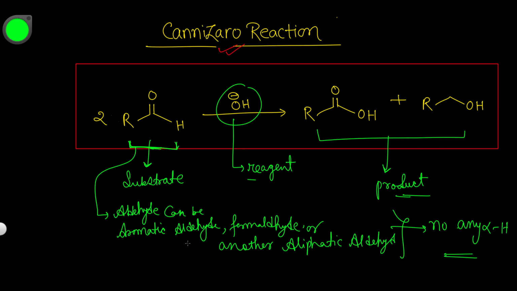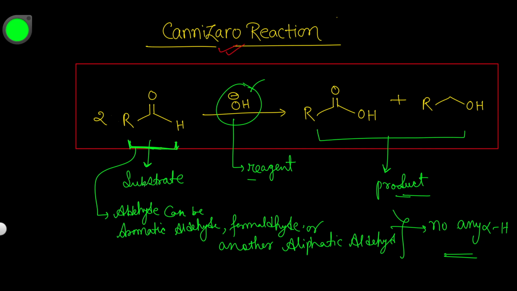So if the substrate is an aldehyde and that aldehyde has no alpha H, and the reagent we have taken is a base, then we can say such reactions are called Cannizzaro reactions. So the first thing is to identify whether this reaction is a Cannizzaro or not.